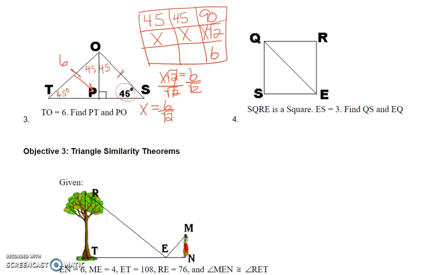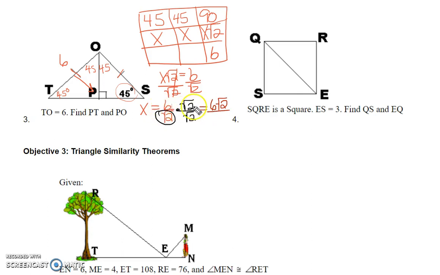Unfortunately, I can't leave the square root of 2 in the denominator, so we have what's called rationalizing the denominator. I'm going to multiply the numerator and the denominator by the square root of 2. What that allows me to do is get rid of the square root of 2 in the bottom.